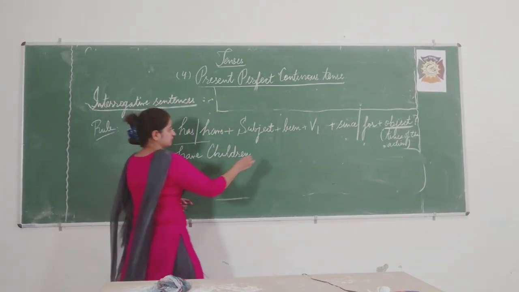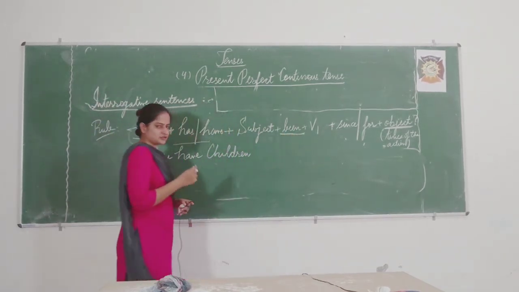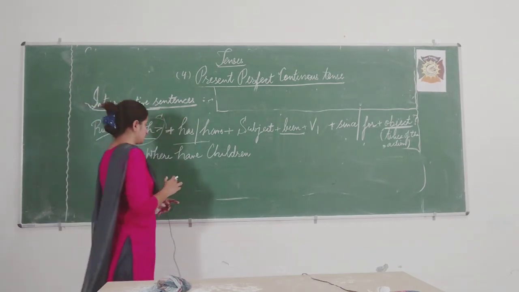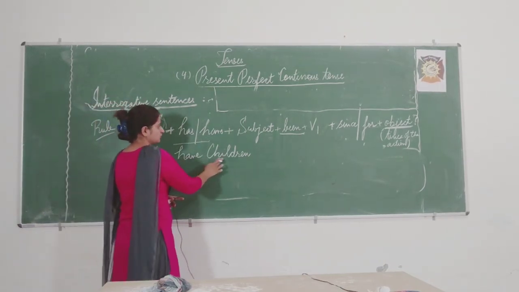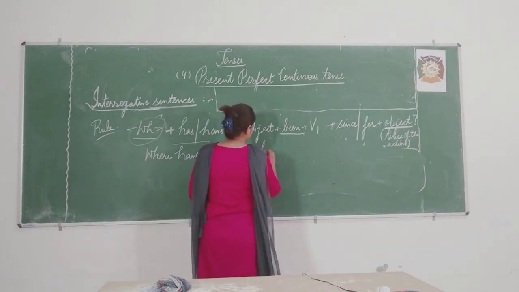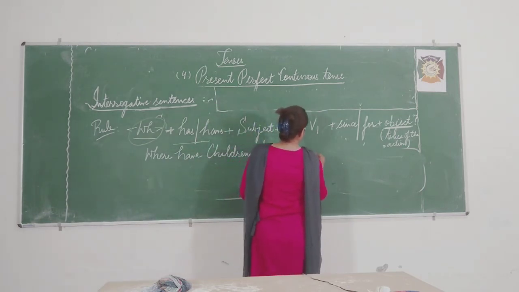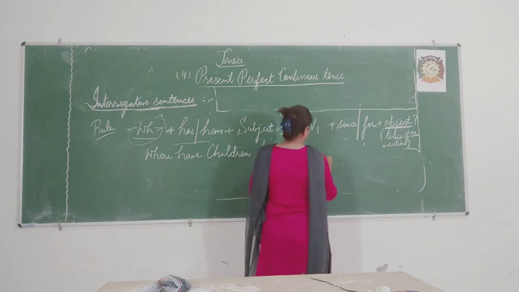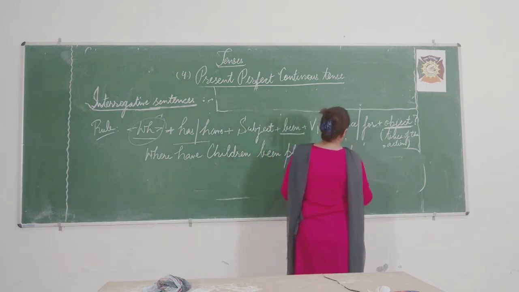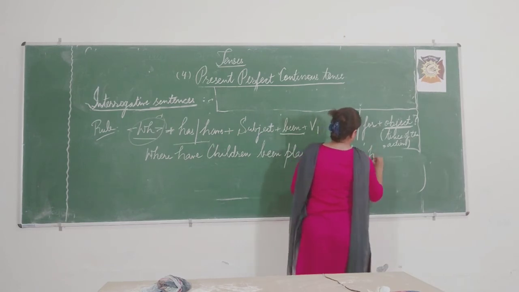Been is a very indispensable part of this kind of tense. Where have children been playing for 4 hours?